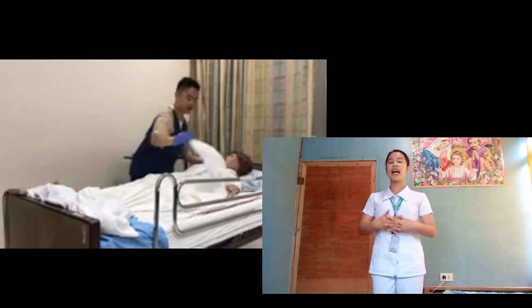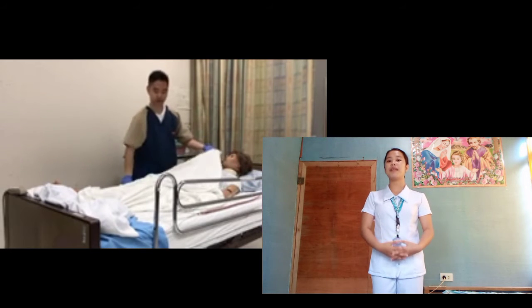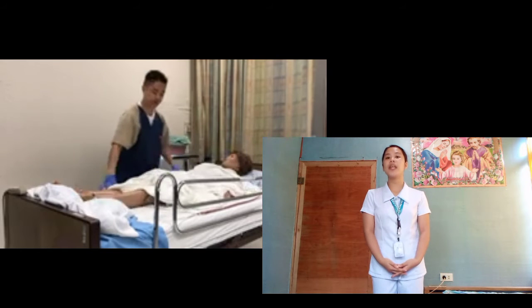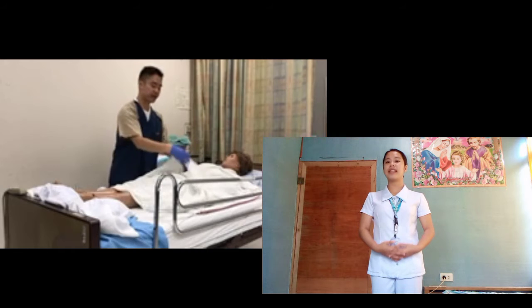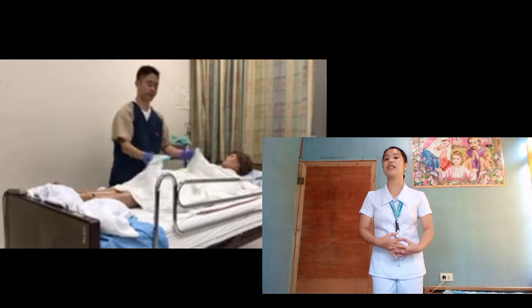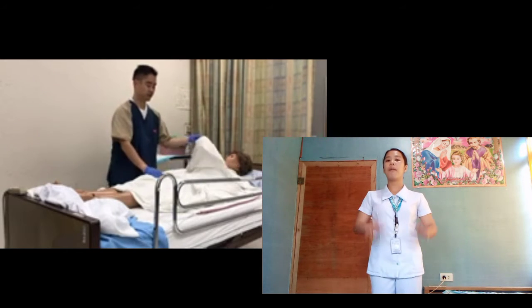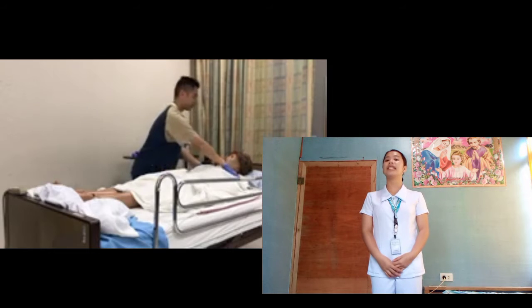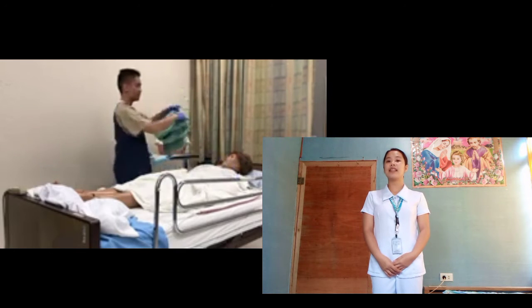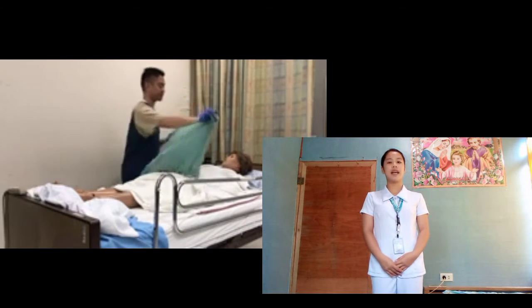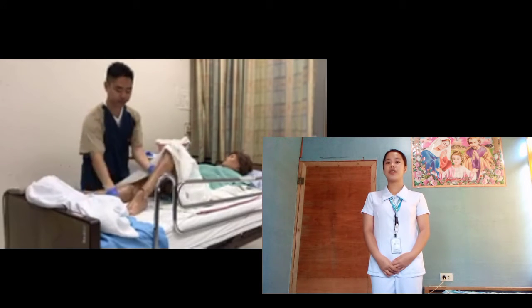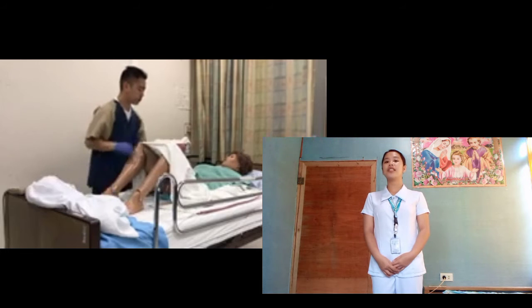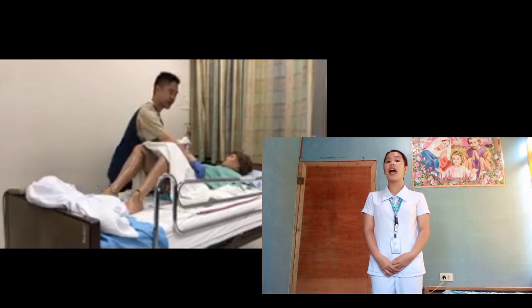So, the indications and possible contraindications of perineal care: in humans and some other primates, the head of the term fetus is so large in comparison to the size of the birth canal that delivery may result in some degree of trauma. As the head passes through the pelvis, the soft tissues are stretched and compressed.